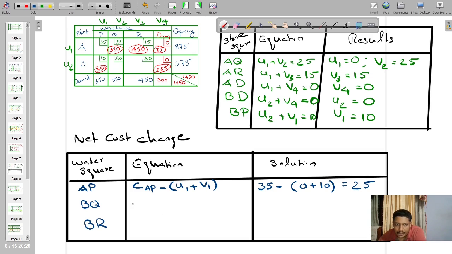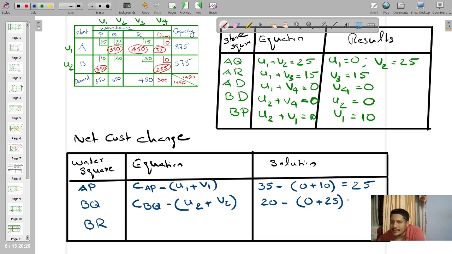Then for BQ it will be C of BQ minus U2 plus V2. So C of BQ is 20, so 20 minus U2 value we have calculated as 0 plus V2 value is 25.